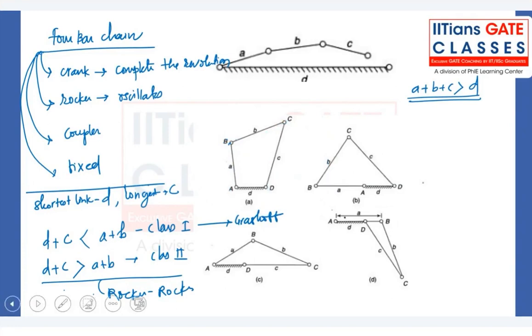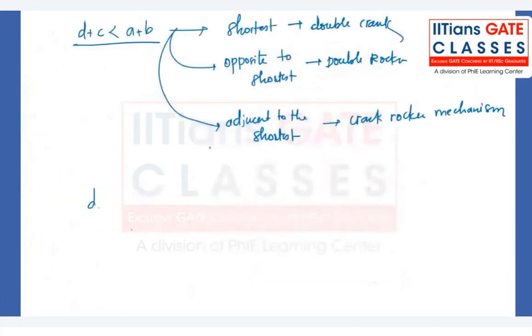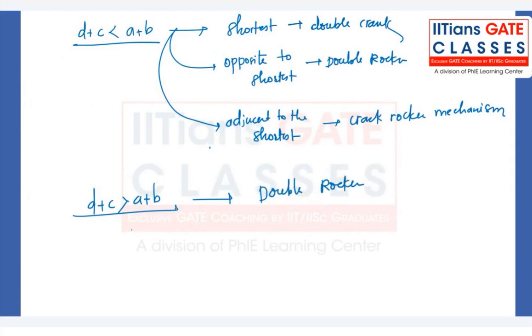Whenever D plus C is greater than A plus B, it is clearly a double rocker mechanism. You don't have to check which is the fixed link. But whenever D plus C is less than the other two, in other words, the length of the shortest and largest link is less than the other two, then depending on which link is fixed, we can have a different type of mechanism. So if the shortest link is fixed, we will have a double crank mechanism.